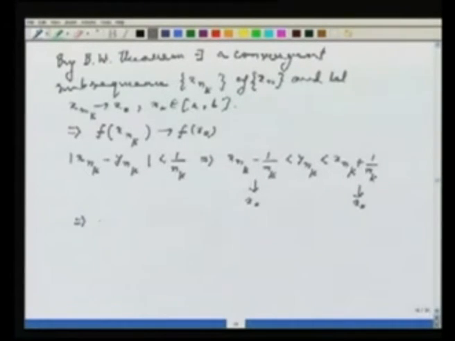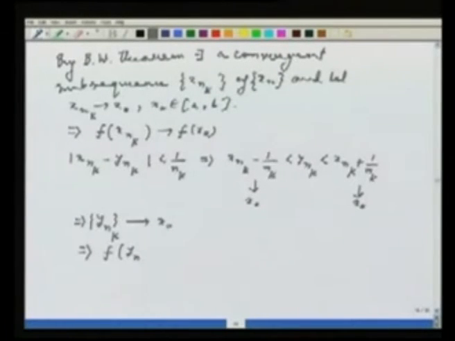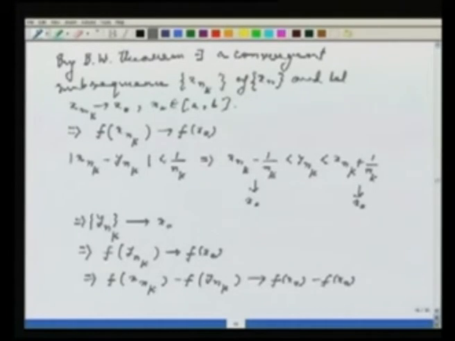This implies ynk also converges to x naught. Then again by continuity, this implies that f of ynk converges to f of x naught. But then this implies that f of xnk minus f of ynk converges to f of x naught minus f of x naught, which is equal to 0.